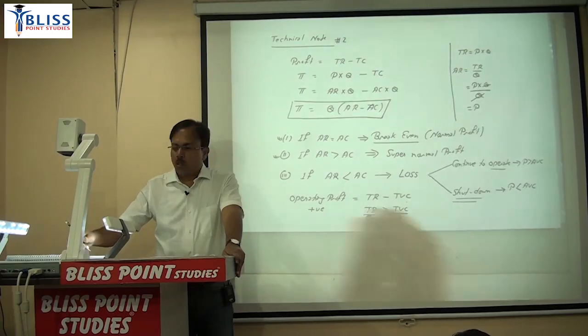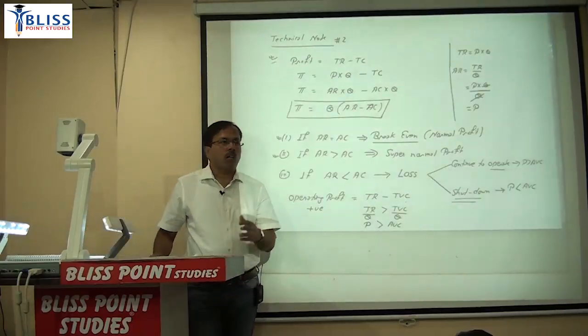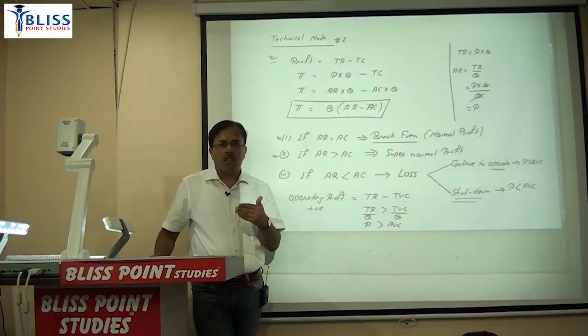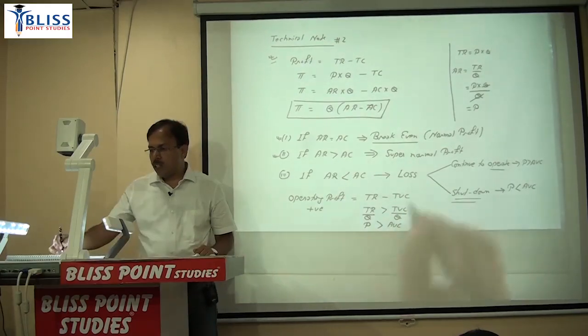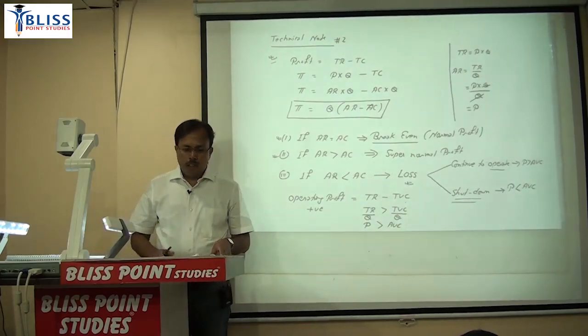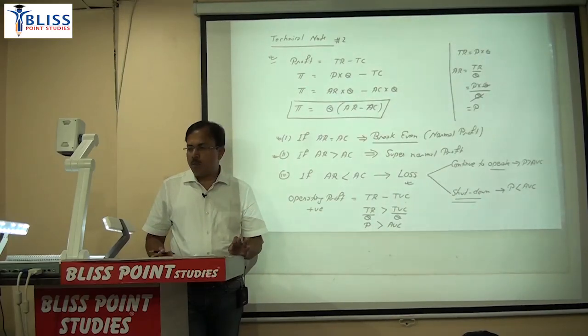So these are the two basic points that you will have to recall when we study perfect competition or monopoly or monopolistic or oligopoly in all forms. Clear? Any doubt in this? So now we can start with the first form of market, that is perfect competition.